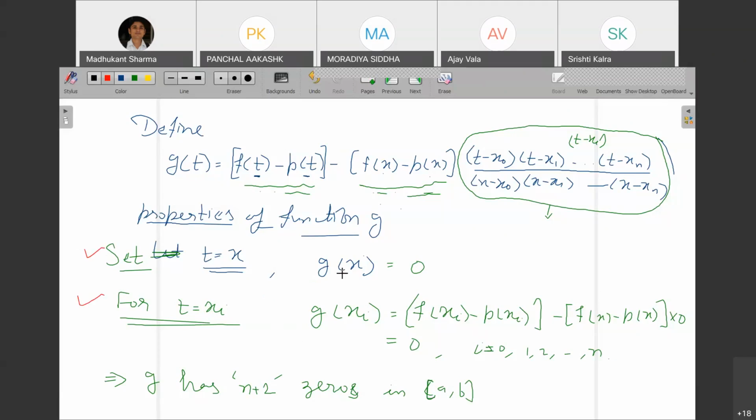So there are n plus 2 total zeros in the closed interval AB.